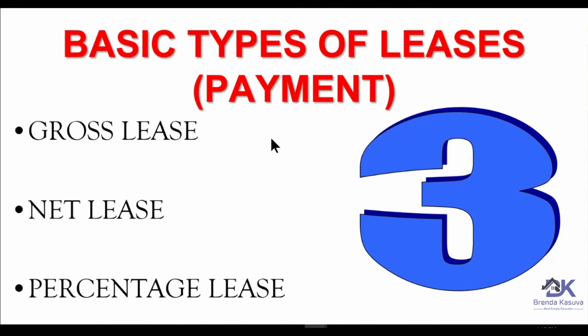Now, when we talk more about payments on a lease, there are three types of leases in regards to payment. What are the differences? Percentage lease pretty much is where after a certain amount they get a percentage of the earnings.